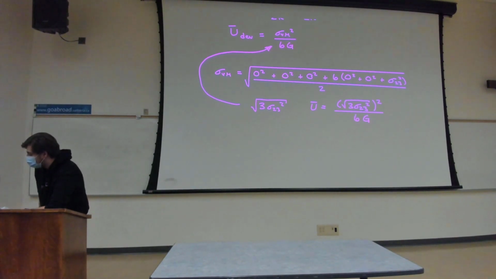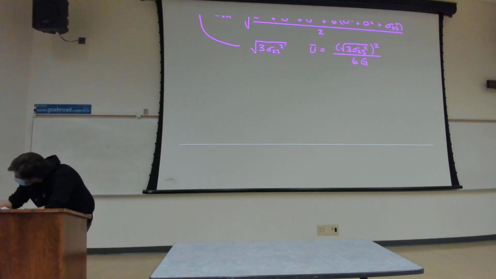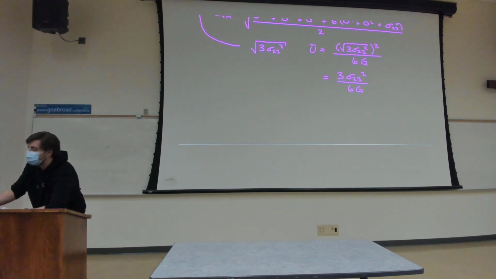You say, okay, what is the square root and then squared? Does it just cancel? Yeah, it just cancels. So this is going to be equal to 3 sigma 23 squared divided by 6g. What is 3 divided by 6?